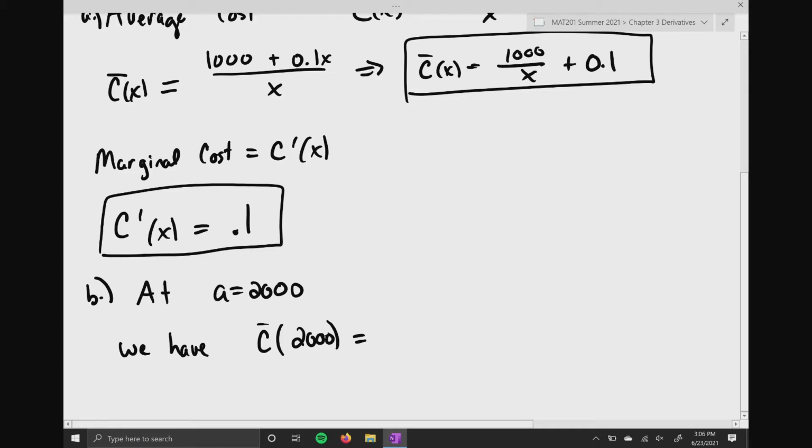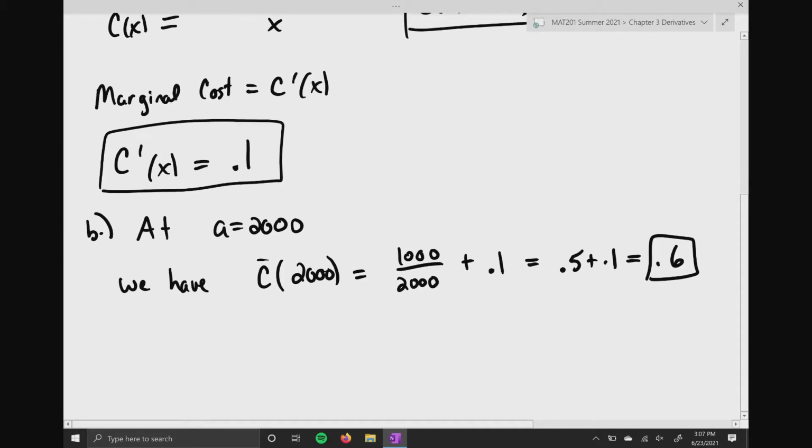So that's going to be 1,000 over 2,000 plus 0.1. So 1,000 over 2,000 is 0.5 plus 0.1, which equals 0.6. Okay? Now, the marginal cost, which we know is our derivative, we're going to have to evaluate this at 2,000. It's just 0.1 regardless. Okay?